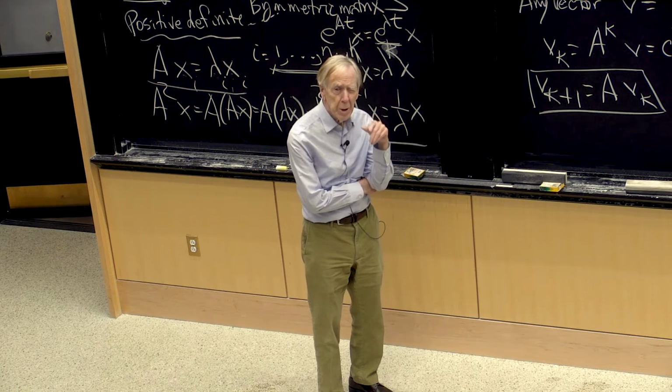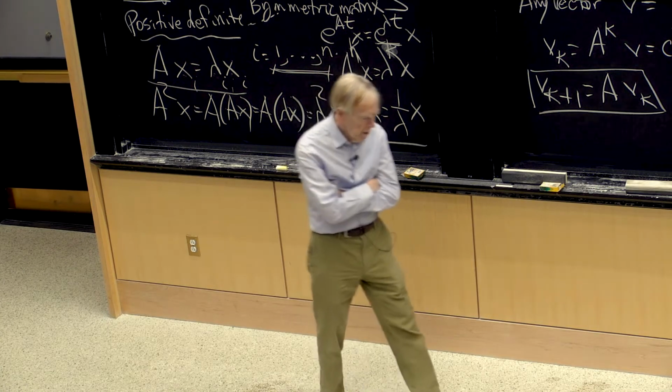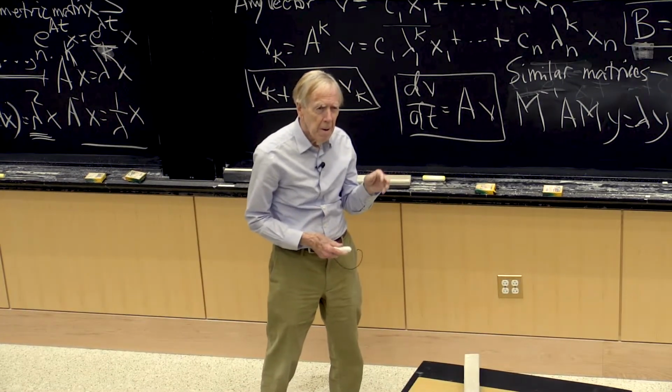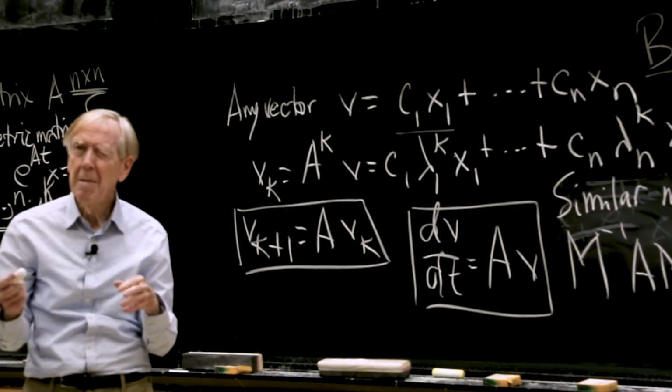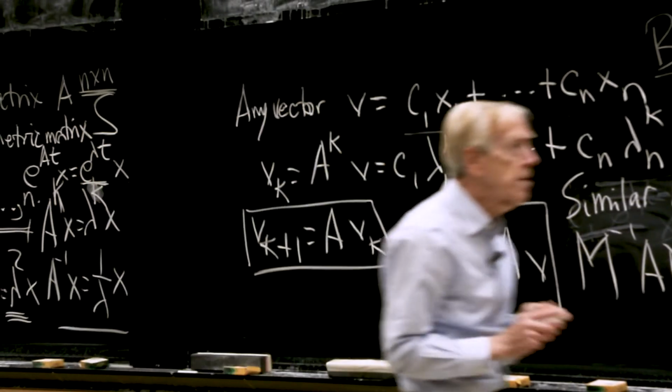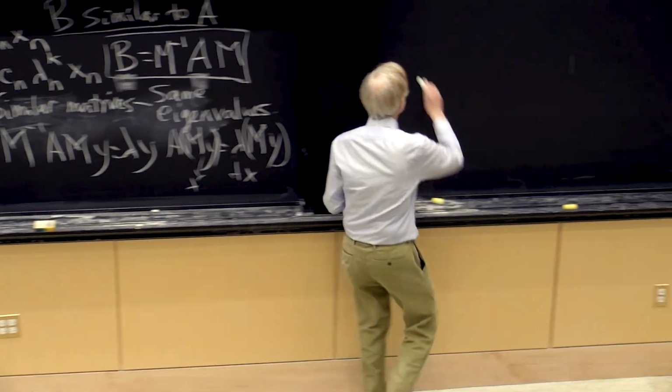Yeah, some other good things happened. A lot of people don't know. In fact, I wasn't very conscious of the fact that A times B has the same eigenvalues as B times A. Well, I should maybe write that down.